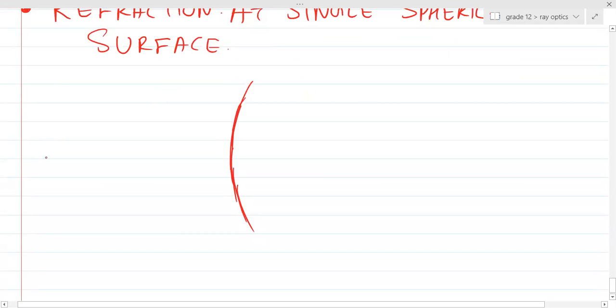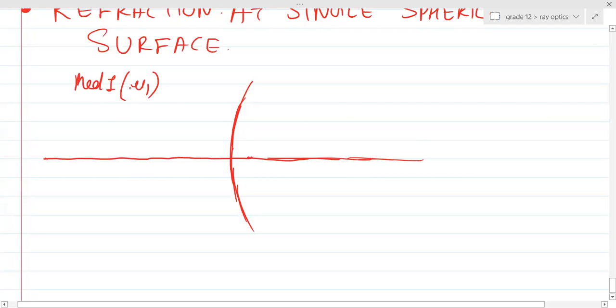Let's say this is the principal axis of the whole thing, and let's say here there is a medium 1 which has refractive index mu 1, and on this side, this spherical surface, guys, is of medium 2.